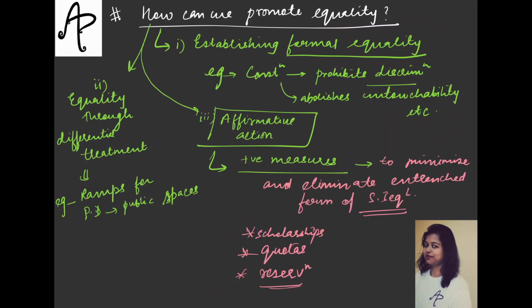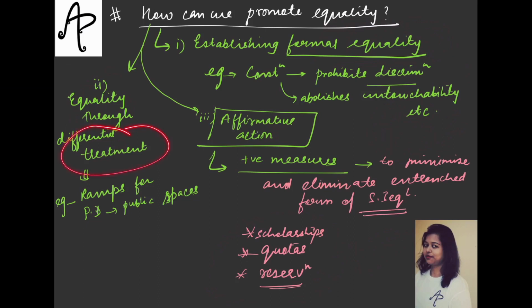In the name of giving equal treatment to some specific groups, you're trying to deny some other groups that equal treatment. And those who criticize reservations say that this is reverse discrimination. However, we still are continuing with this idea. I'm just giving you both perspectives because in this exam you would need a balanced perspective, and therefore they say that it is better to do away with such kinds of distinctions which are dividing the society.